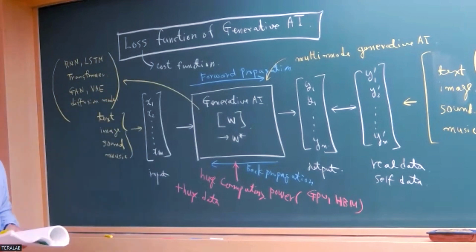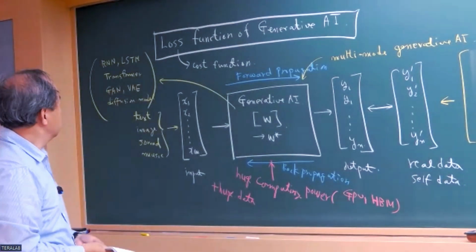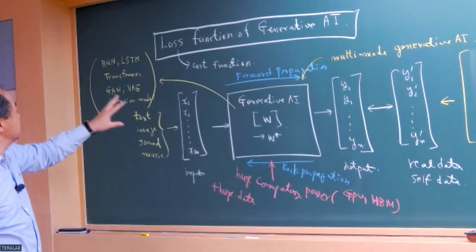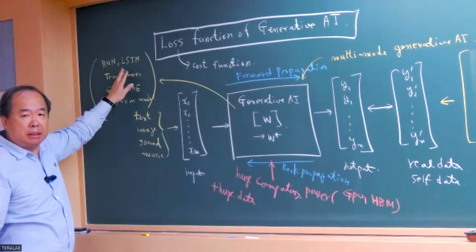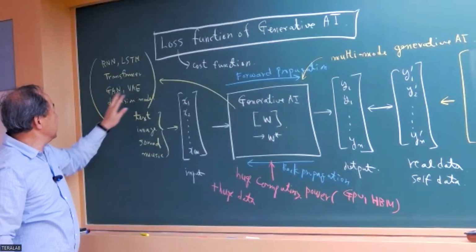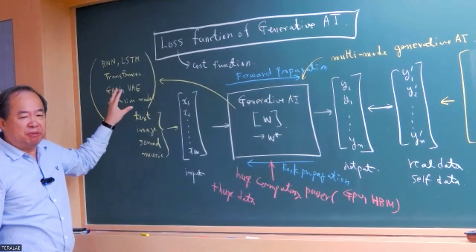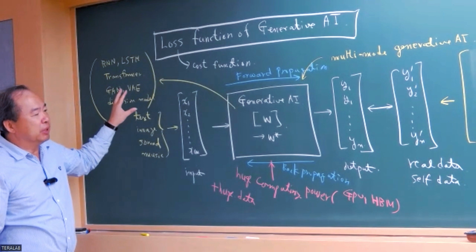In this class, for the last couple of months, I'm going to introduce the architecture of the RNN, LSTM, and transformer models, as well as GAN, VAE, and diffusion models. Each model is specifically useful for an architecture.